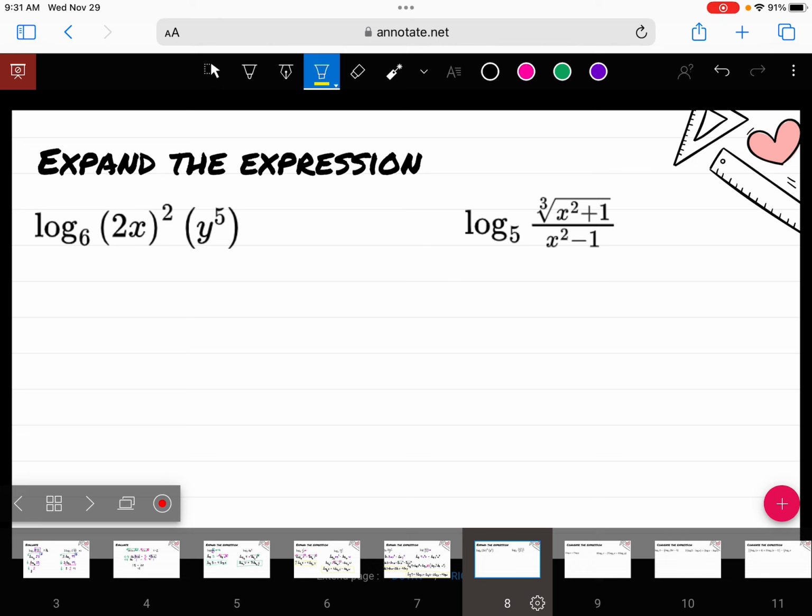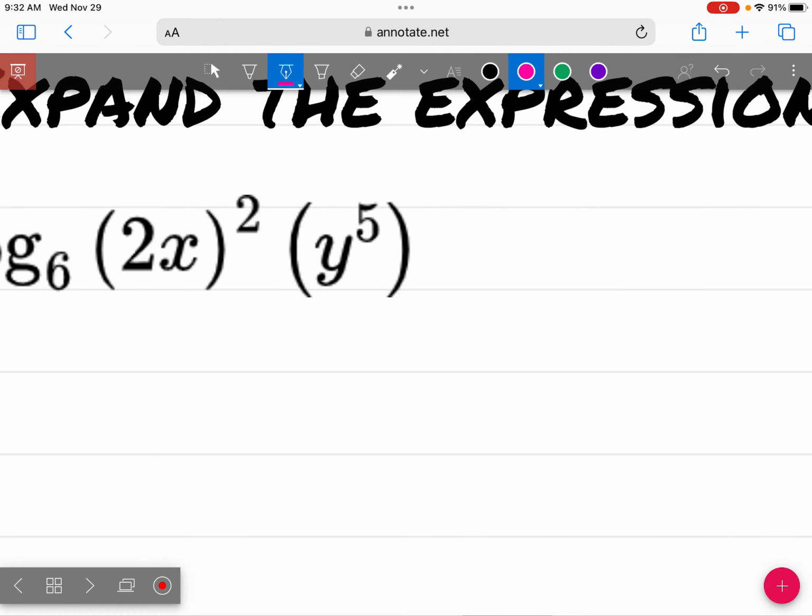Okay, so the left one's not super different from what we've been doing. We're just going to be applying things in a slightly different order because of all these parentheses in here. With these parentheses, what we need to do first is actually our product property.